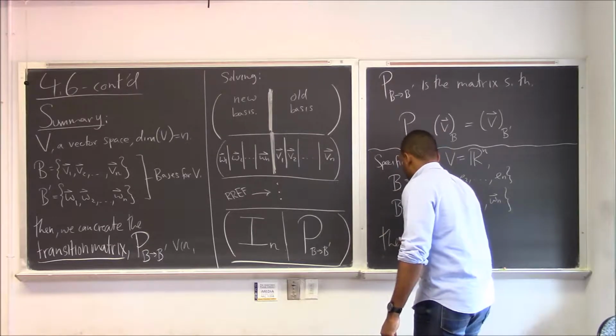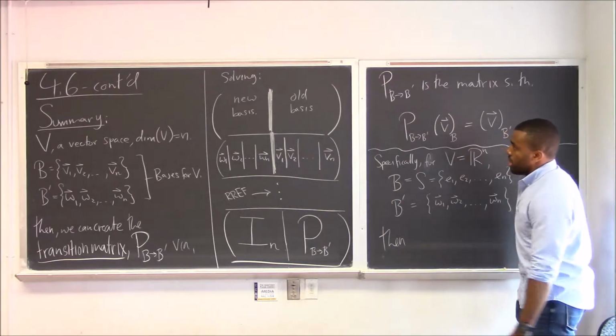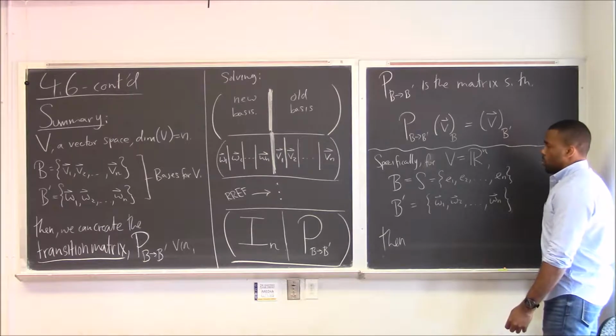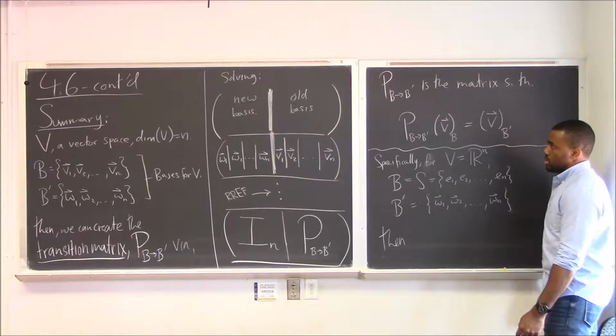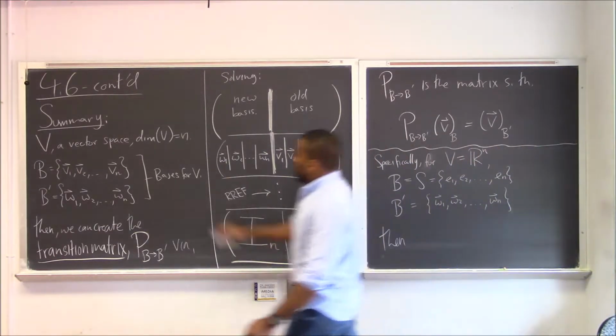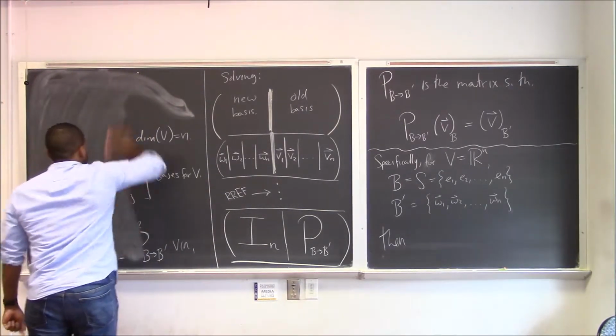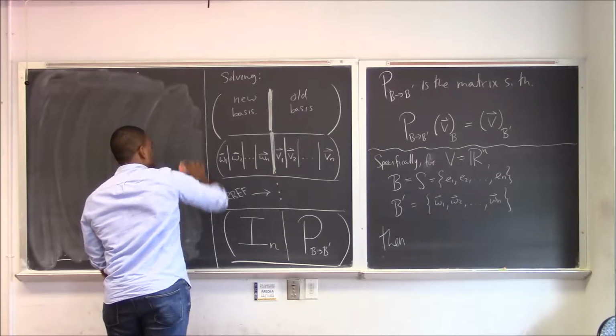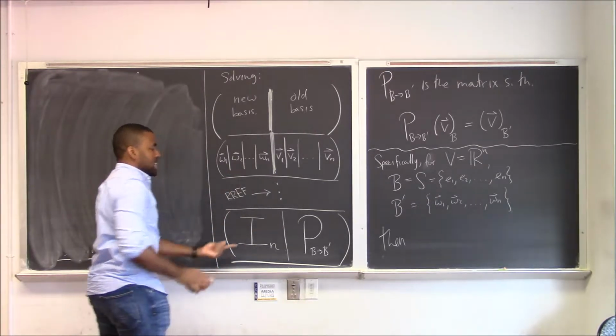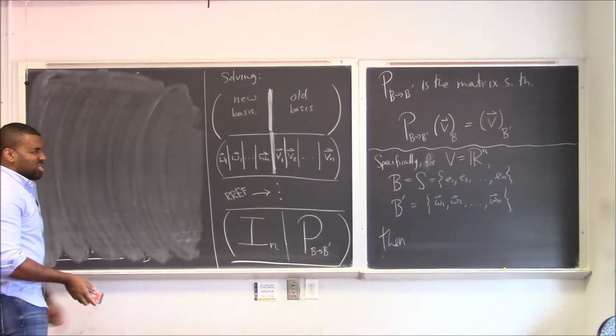Then, right, if one of the bases you happen to be worrying about is the standard basis, then some things follow immediately from this guy, because the standard basis in Rn, when you put them in as the columns of a matrix, they already form the identity, so you literally don't have to do anything.